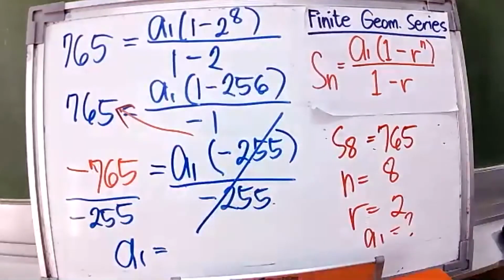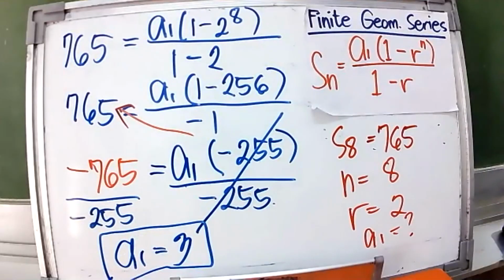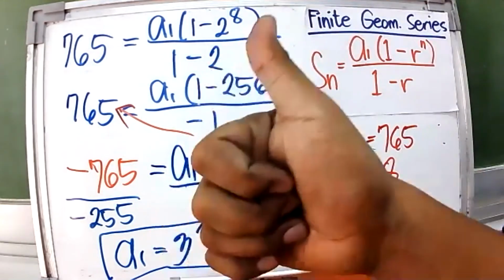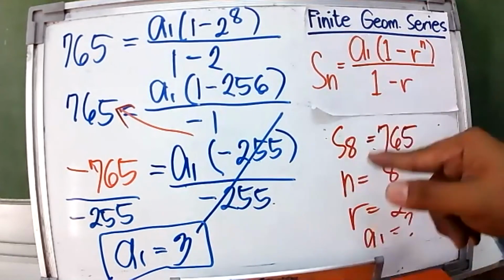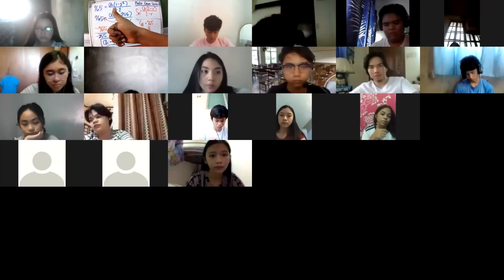Okay, so the answer is 3. So that is our first term. Okay, did you now get the correct process? That's the process in finding the first term given all the rest of the given. Okay, thumbs up if you got the process already.